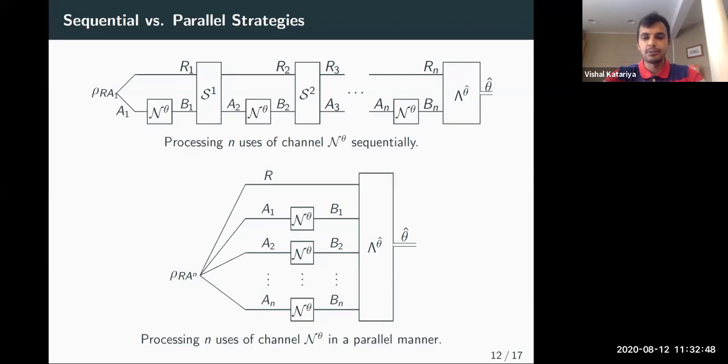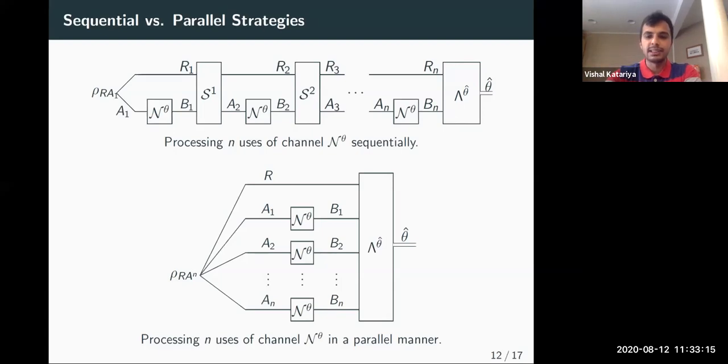Amortization as a concept was introduced to see the power of what are called sequential strategies versus parallel ones. The sequential strategy is what I showed about 5 minutes ago, the most general way of processing a channel. A restrictive way of processing the channel n times is called a parallel strategy.